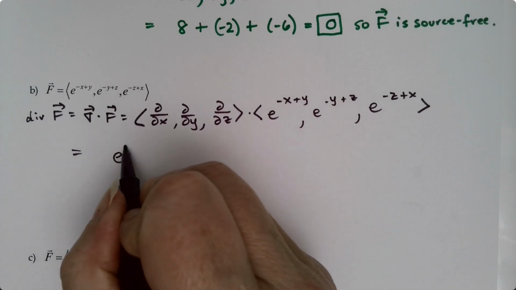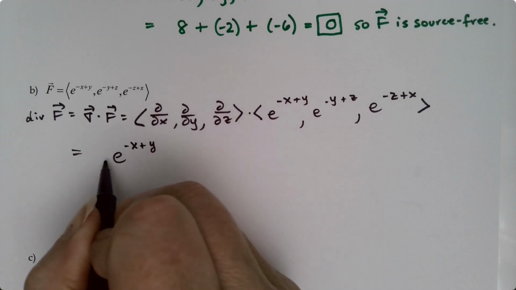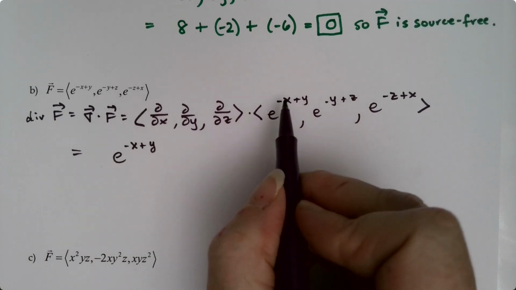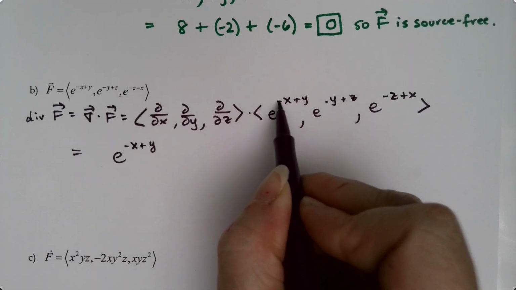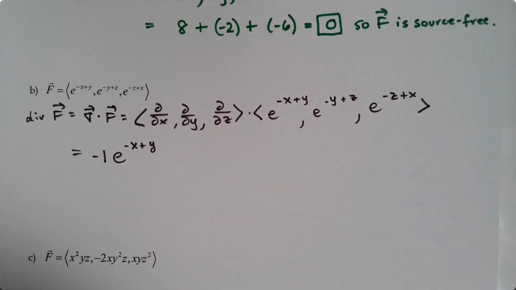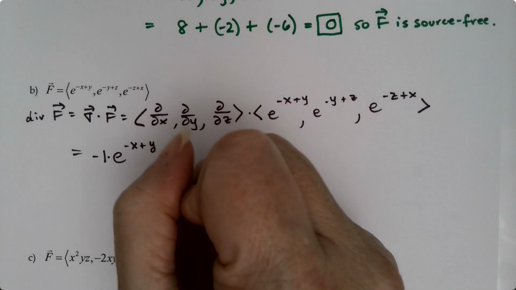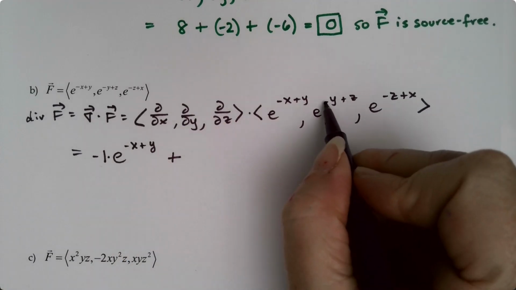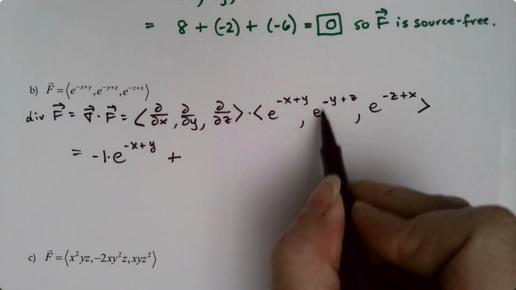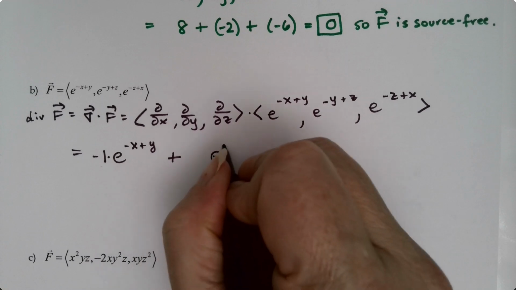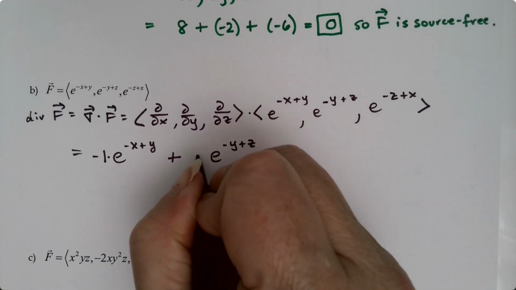So it's e to the negative x plus y times the derivative of the interior. And the derivative of the interior with respect to x would be negative 1 because of chain rule. Plus, the derivative of this with respect to y would be e to the negative y plus z times negative 1.